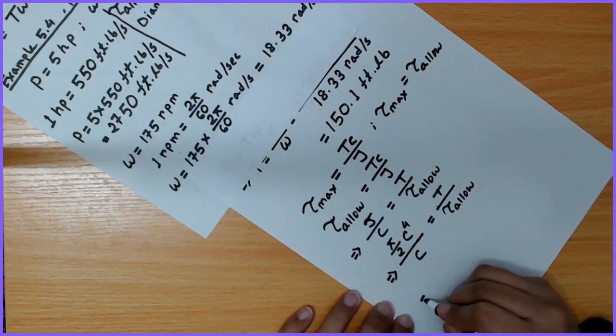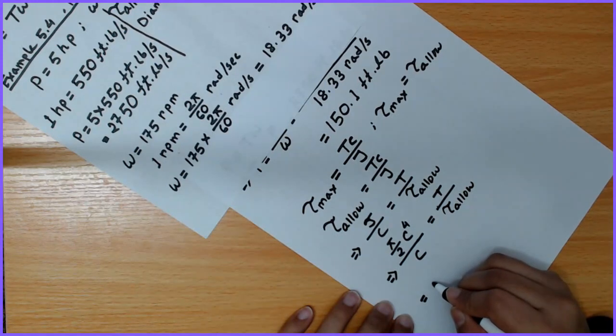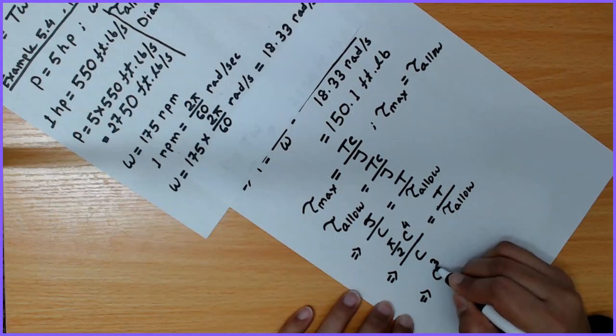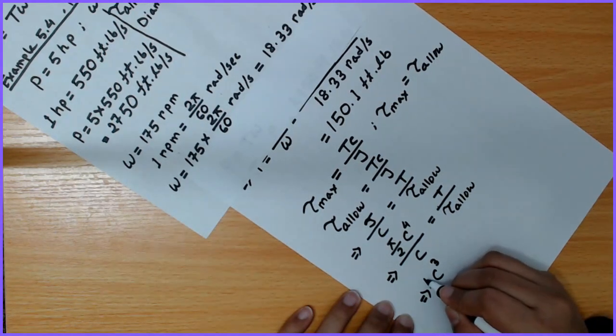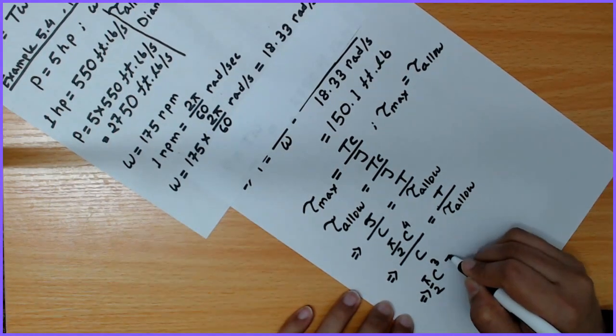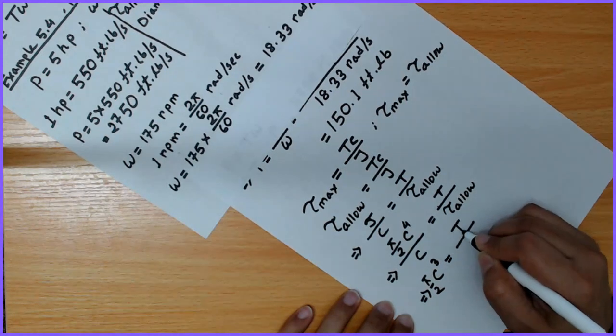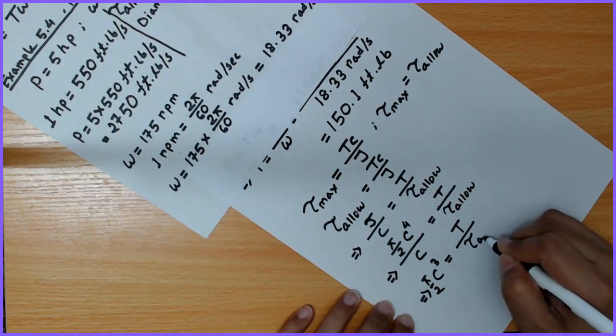Okay, so C cube equals pi by 2 T by tau allow.